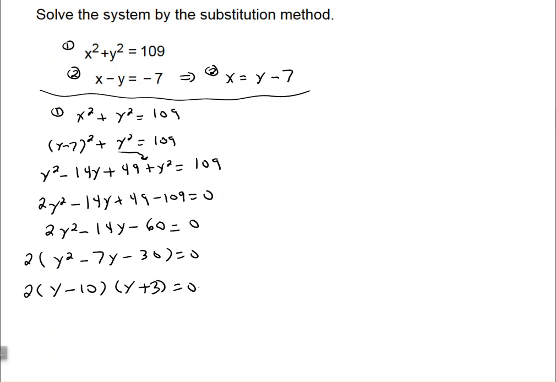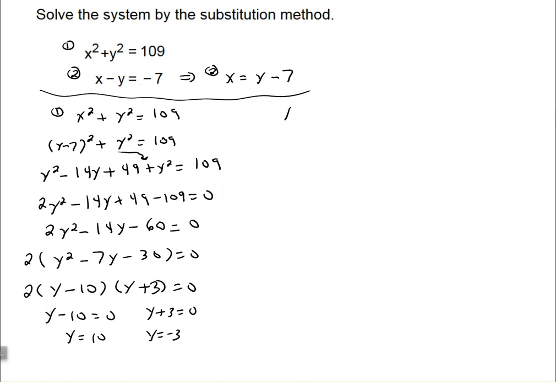All right, set our variable factors equal to 0 and solve. Therefore, y equals positive 10 or y equals negative 3. So we have two different y values, which means we probably have multiple places of intersection. So we need to find the x coordinates that go with these y coordinates.